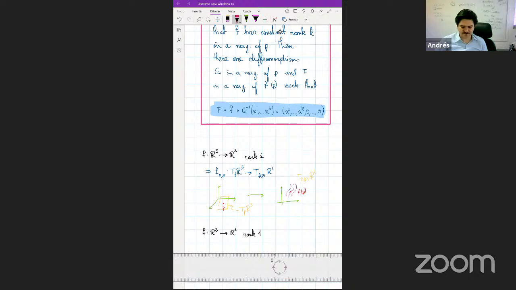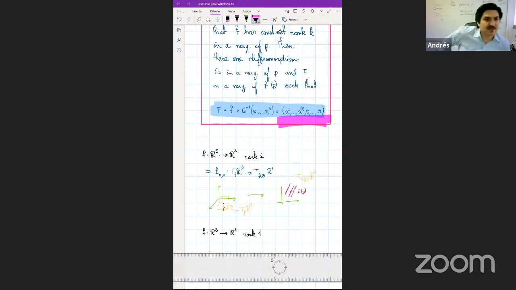Okay? So that's exactly, let me draw it even with straight lines, so to speak. This is what we are saying here. Only k parameters move, and the rest don't move.